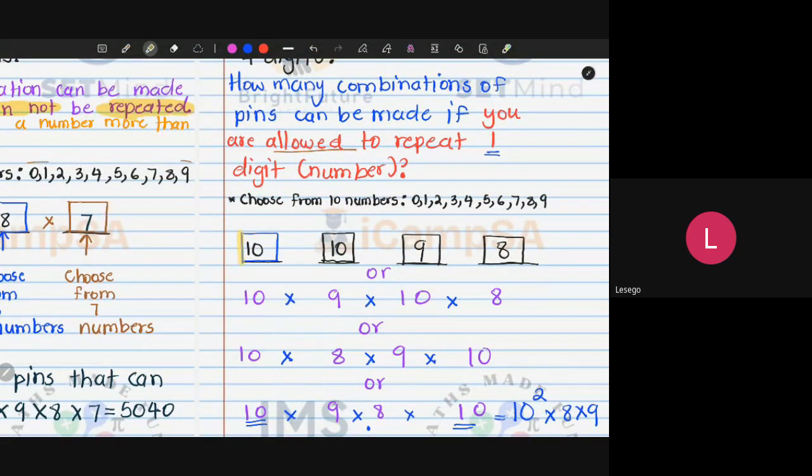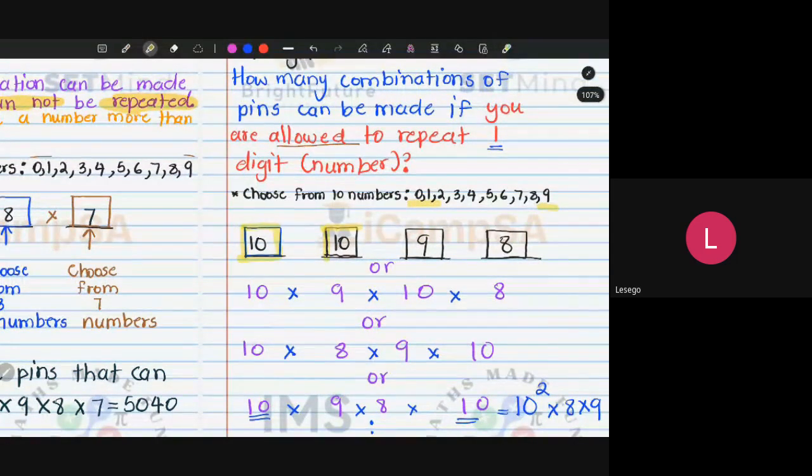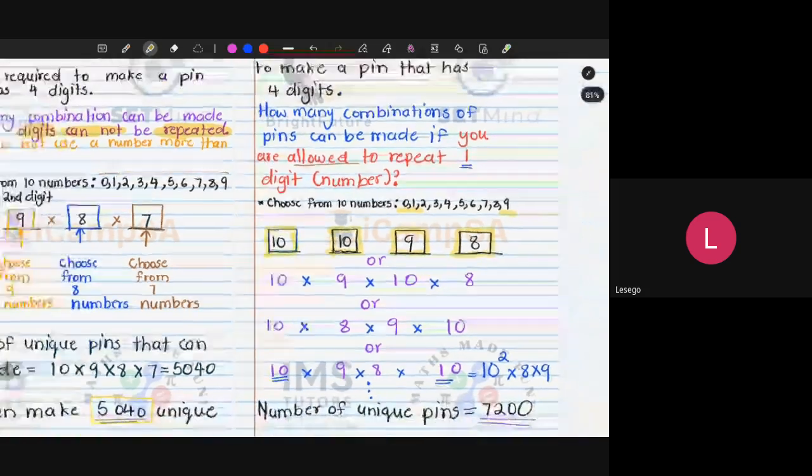So it means the first number, when we are doing our 4-digit pin, we are going to choose from 10 numbers. What are the 10 numbers? It is 0 to 9, that is 10 numbers. And the second number, or another number within this pin, will also be chosen from 10 numbers, because we can repeat the number that we even chose as the first digit. And then the third one, we only have an option of choosing from 9 and then subsequently from 8.